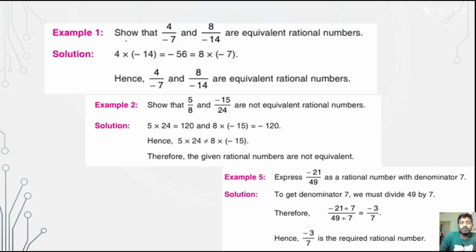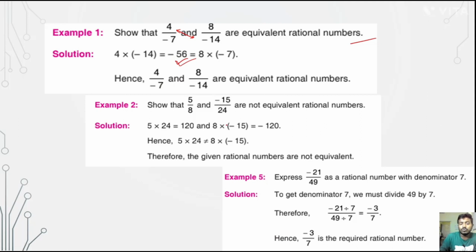Now example 1: show that 4 by minus 7 and 8 by minus 14 are equivalent rational numbers. How to show? First we multiply crosswise: 4 into minus 14 is minus 56, and 8 into minus 7 is also minus 56. Hence these are equivalent rational numbers.